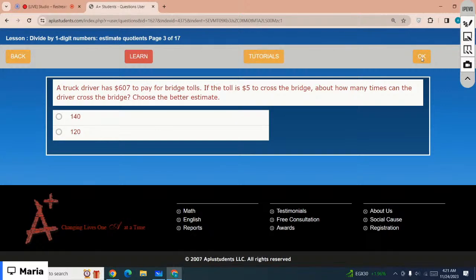Yes, that is 120. Very good. That means 607 is estimated to 600.